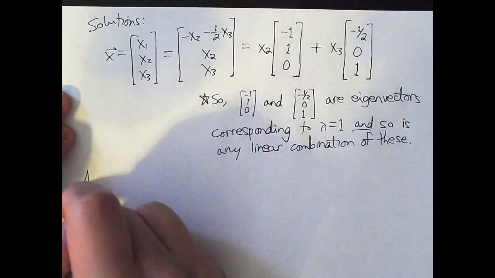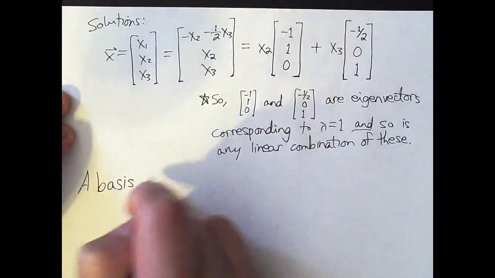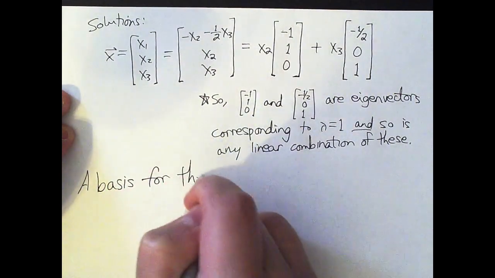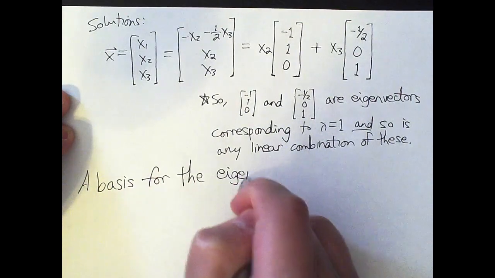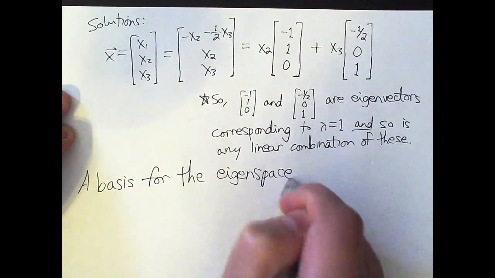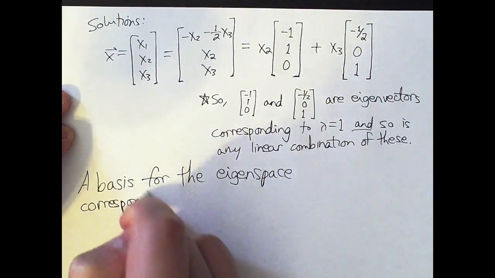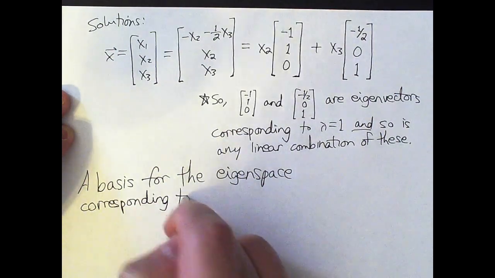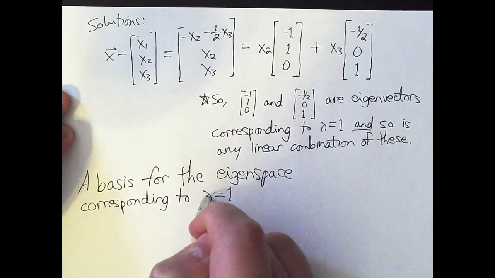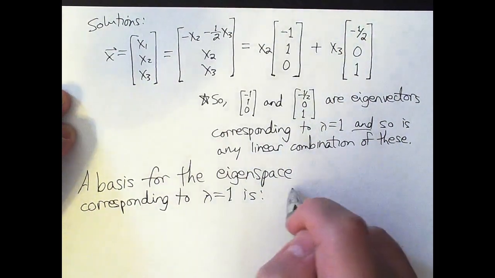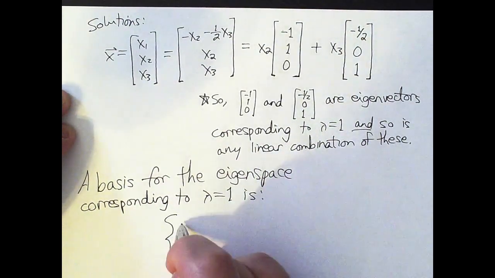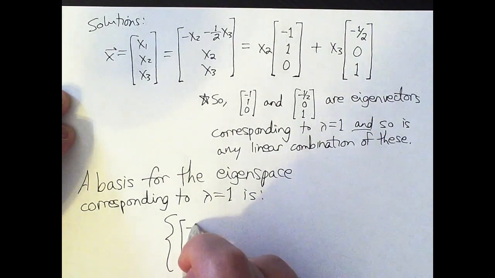So we can say a basis for the eigenspace corresponding to lambda equals 1 is the set of these two vectors.